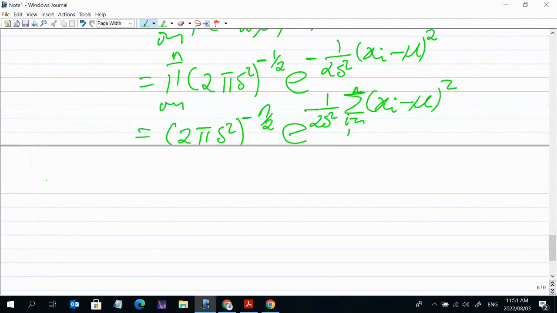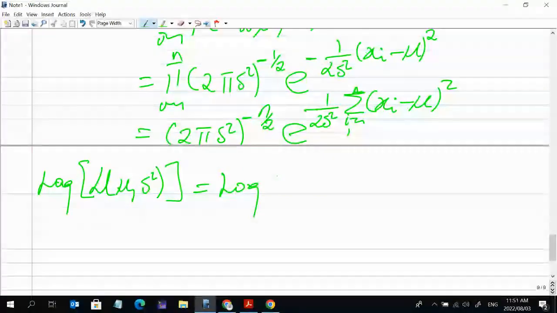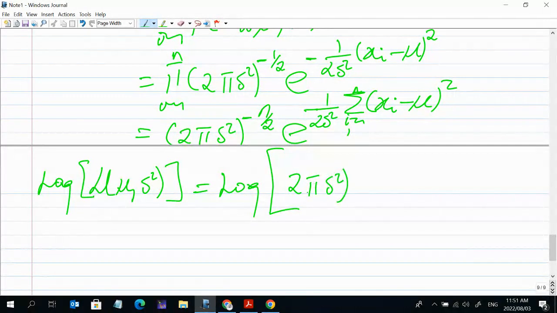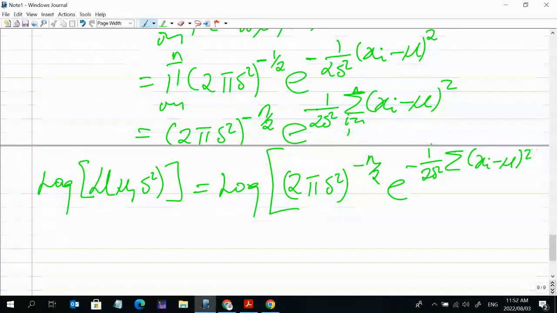So now the log of L of mu, sigma squared is nothing but the log of this entire function, or joint function, with the summation of xi minus mu squared.